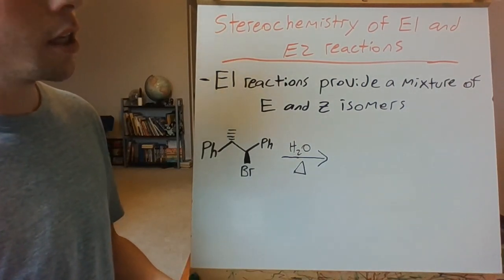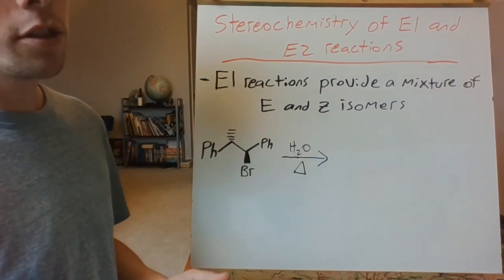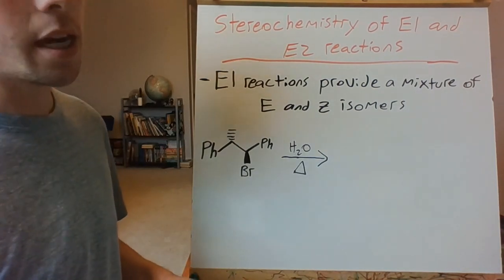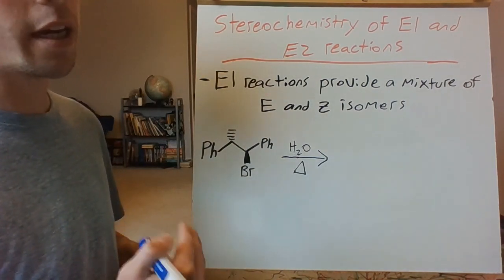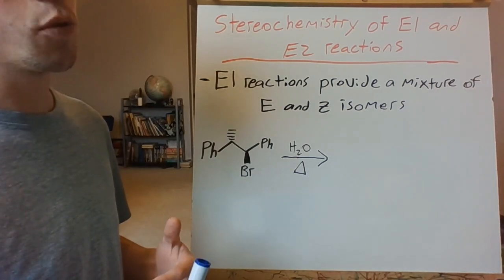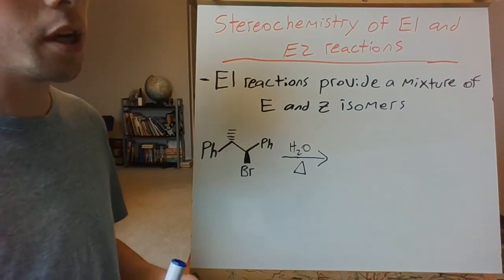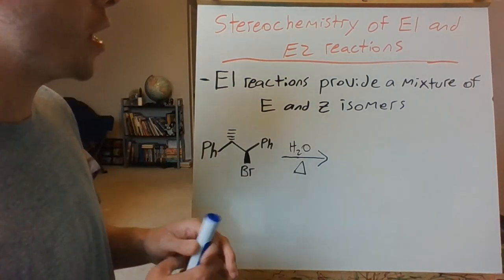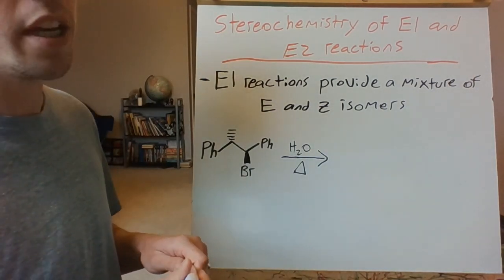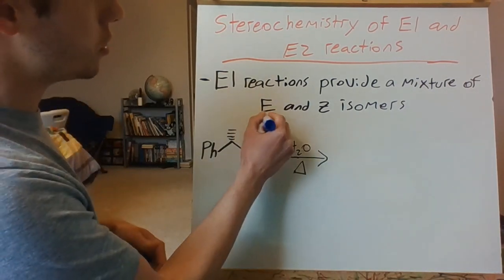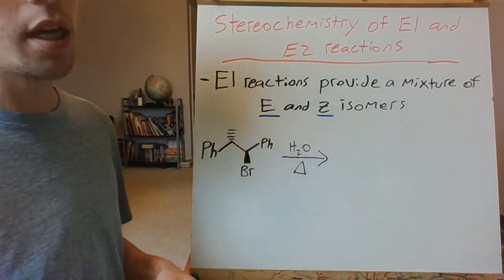Carbocations are flat. But in SN2 reactions, we have to have backside attacks, so our nucleophile has to attack as the leaving group leaves, and so we're forced to get the opposite enantiomer of whatever we started with.